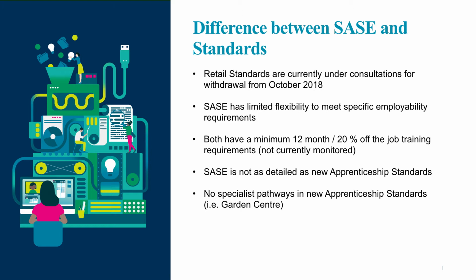Like I said earlier, standards do outline the minimum requirements needed for a retail occupation, either level 2, 3 or 4. An employer can request more, but again that is not funded as part of the apprenticeship, and the employer will have to pay for this themselves. They can't use levy funding, if they're a levy employer, to pay for that additionality. The levy funding will only be paid up to the approved cap.